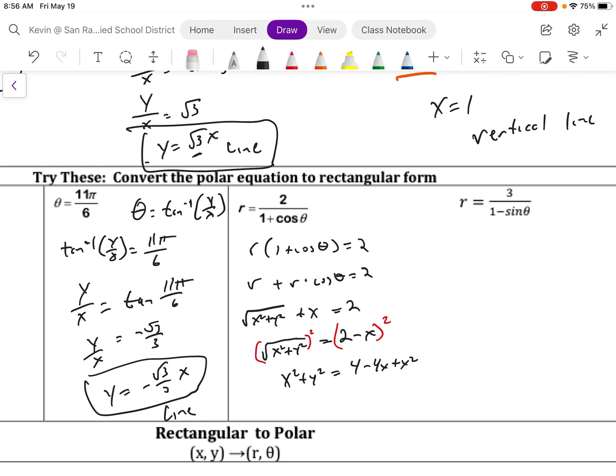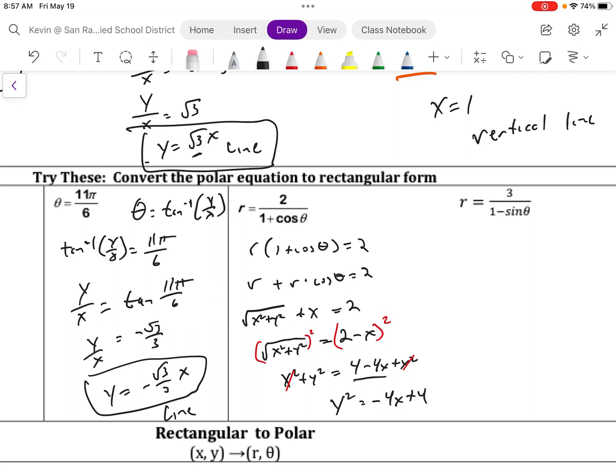Now, if I subtract x squared from one side, I have to subtract it from the other side. So my x squares cancel out. That leaves me with y squared equals, I'm going to rewrite this in the right order, negative 4x plus 4.